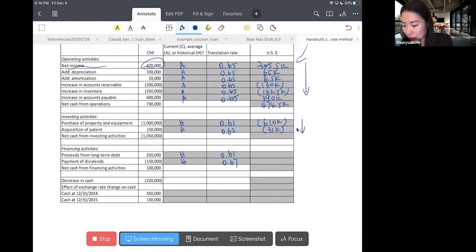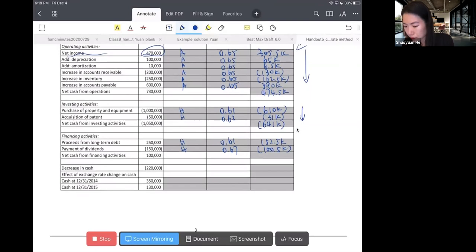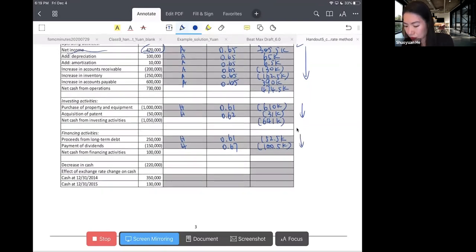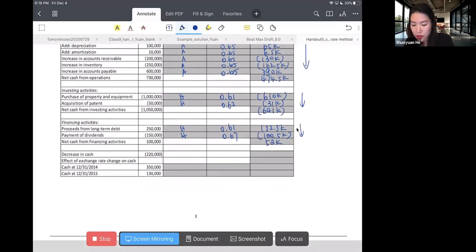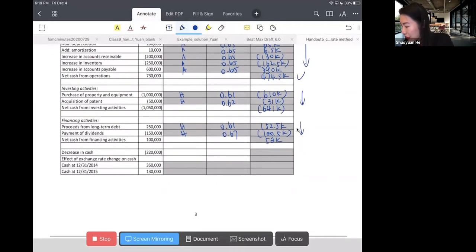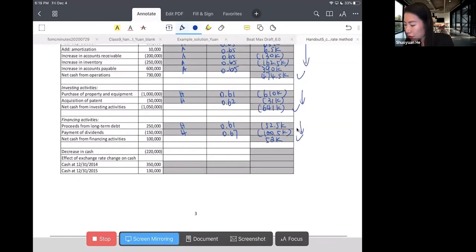If you add up those, that will give you 641,000. If you add up those, that will give you 52,000. So if you add up these three numbers, that will give you your total increase or decrease in cash, which would be 114.5 thousand.